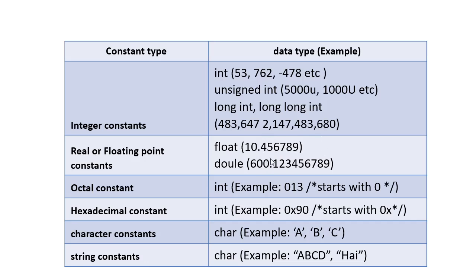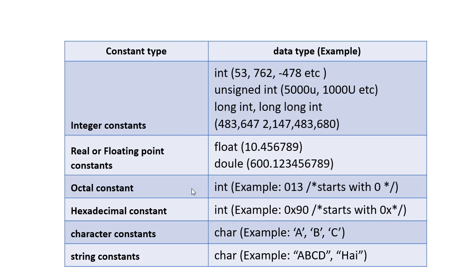After the decimal there are 6 digits, so here there are a total of 9 digits after the decimal. A double can be used for more, up to 10 decimal points, whereas in float you can write 5 or 6 digits after the decimal point, but you cannot write anything after the decimal point in the case of integers.